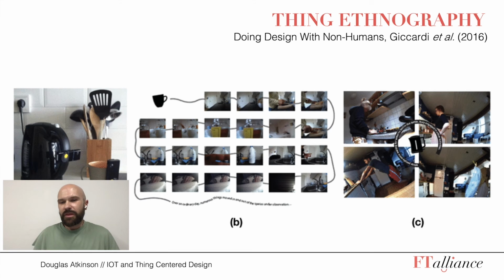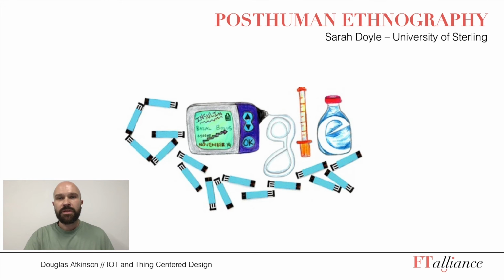And really, this starts to inform ideas of the culture or the world or the life of a thing. So in the same way that ethnography is looking at the cultures and lives of people, thing ethnography flips the lens to look at the cultures and the lives of a thing. And in this sense, it's very similar to post-human ethnography. So I've mentioned insulin pumps already. Sarah Doyle from University of Stirling conducted an ethnography that she discusses as being a post-human ethnography, looking at the lives of insulin pumps.